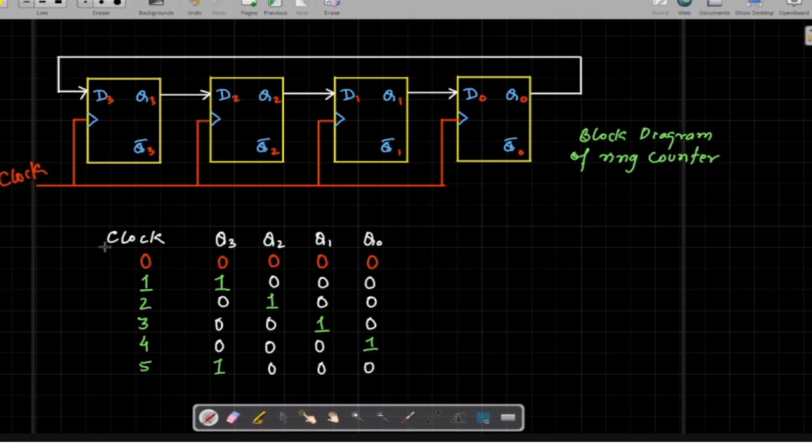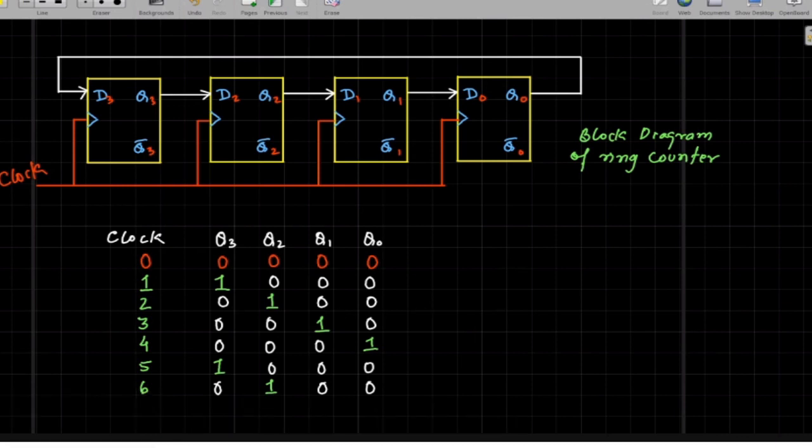And then when the sixth clock comes into the picture, then Q2 is 1 and all other outputs of the flip-flops are 0, 0, 0.